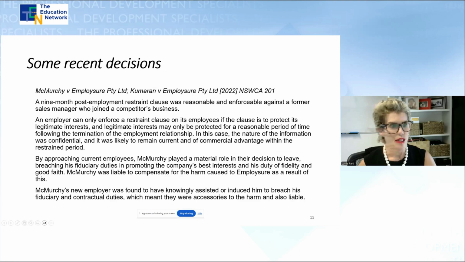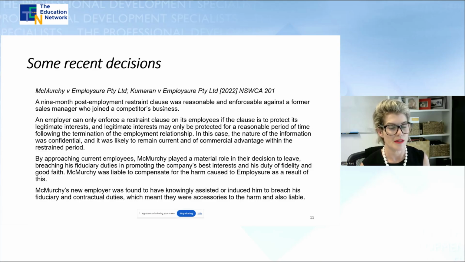So let's have a look at some recent decisions. McMurtry and Employsure, and Cameron and Employsure, 2022 decisions. In this case, McMurtry was approaching the employees of a business that he just left.